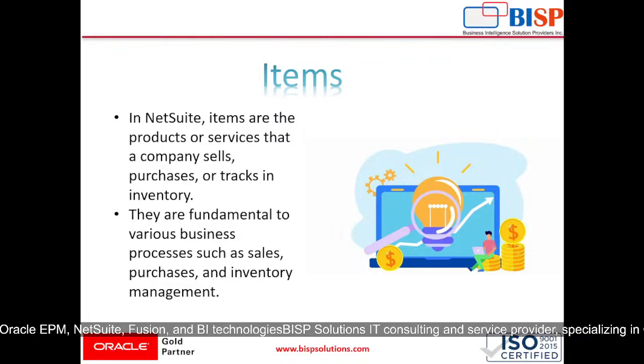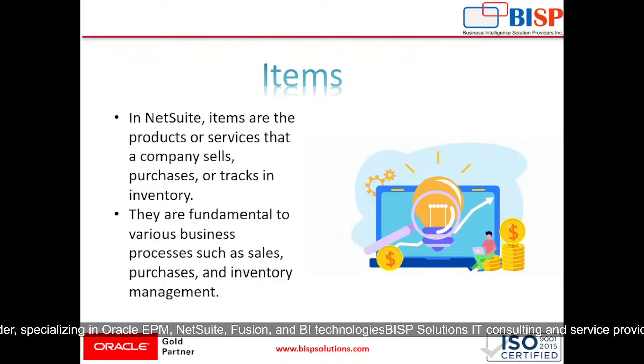Items can be categorized into different types based on their nature and usage. So item types are inventory items, where you can store physical goods that a company buys, sells and keeps in stock. Non-inventory items are goods or services that are sold or purchased but not kept in inventory.